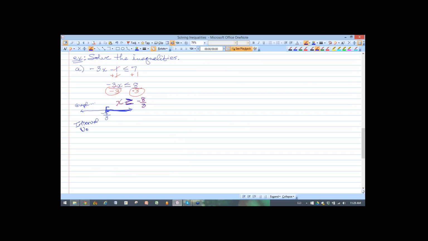Interval notation looks like this. And you can look at your graphical. If you get good at the graphing part, the graphical solution, that will help you write your interval notation. So again, we're going to use the bracket for interval notation. And we read the interval notation from left to right, just like we read a graph.